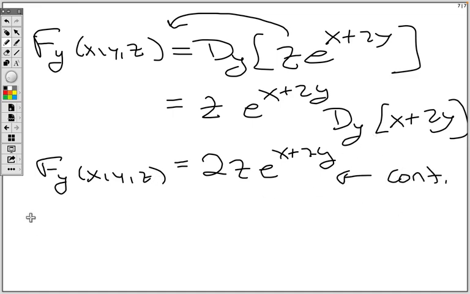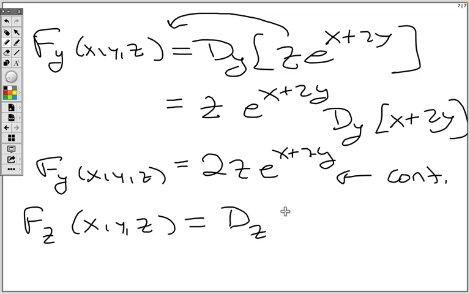And last but not least, let's look at fz. Here I'm taking the derivative with respect to z of z e to the x plus 2y. So I'm treating z as the variable, x and y are both constants.